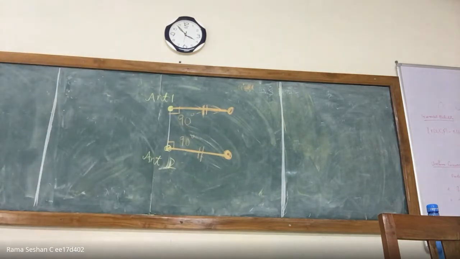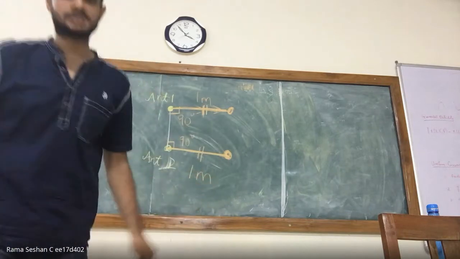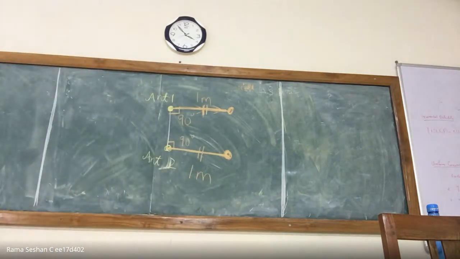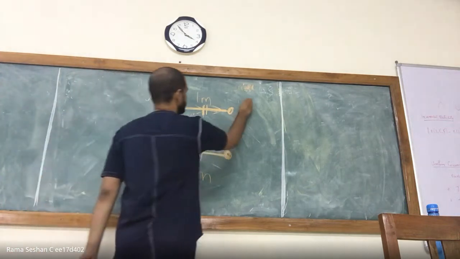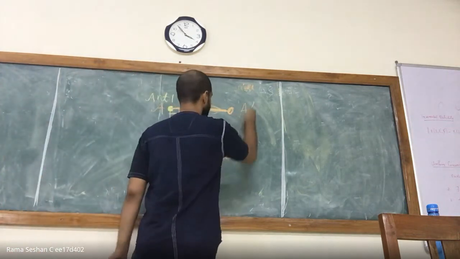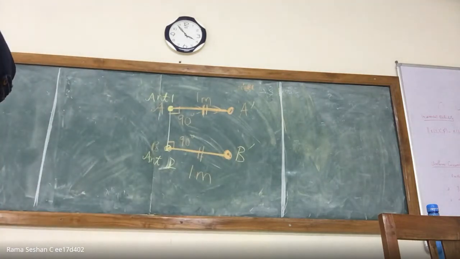The first ant travels some distance, let's say 1 meter, and this ant also travels 1 meter, correct? Both of them are traveling an equal distance in the same direction. So initially they were at A, B, now they are at A dash, B dash. Can you see AB to A dash, B dash?